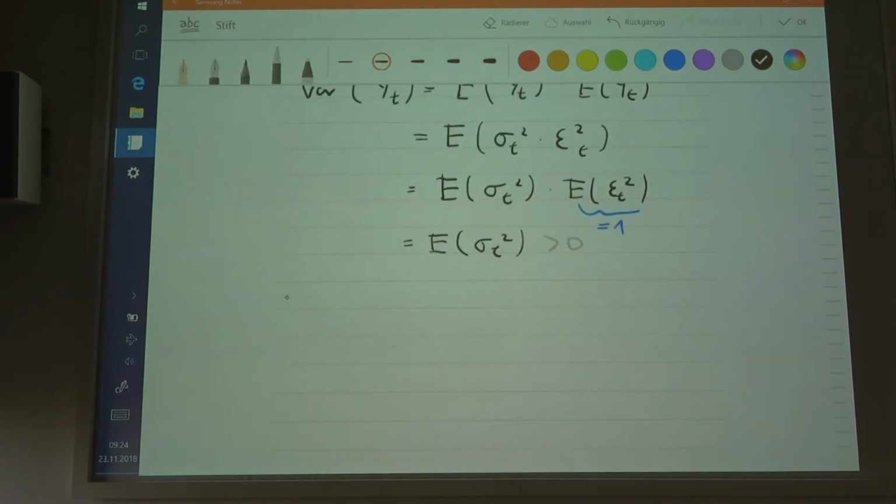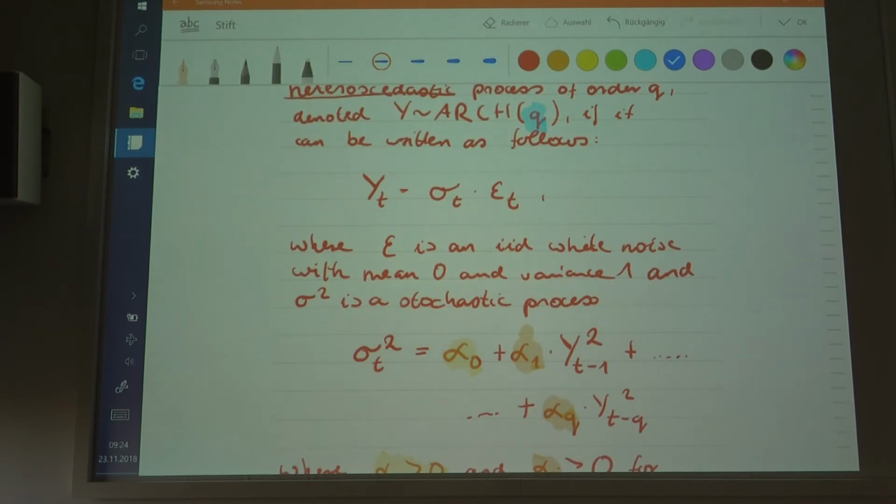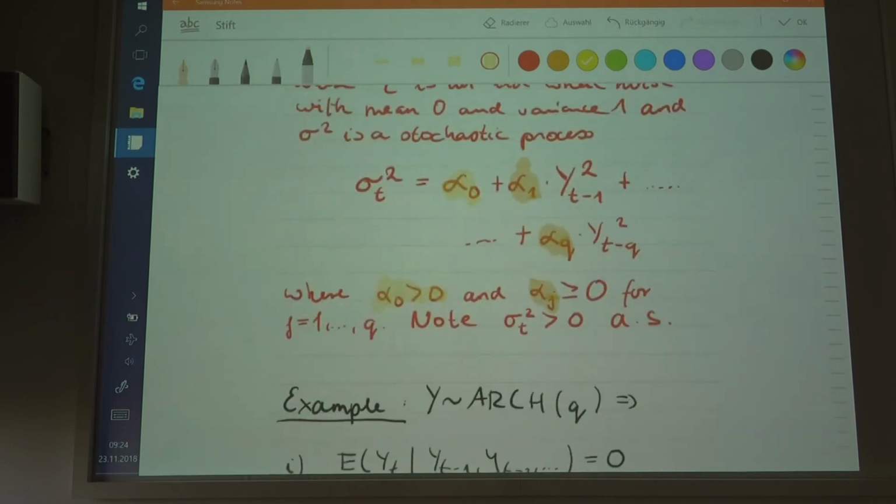But there are other ones. What we see here first is that the variance of the current innovation depends on, is a function of, the squares of its previous innovations.